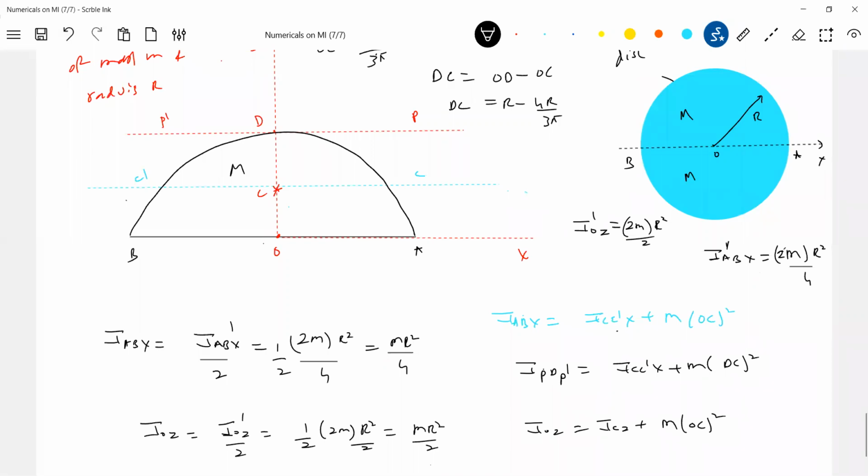And now I want about this particular thing. So PP dash we took it, Q. Axis passing through point Q and perpendicular to the plane. IQZ I want. How to calculate IQZ?